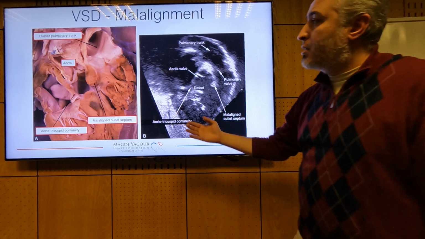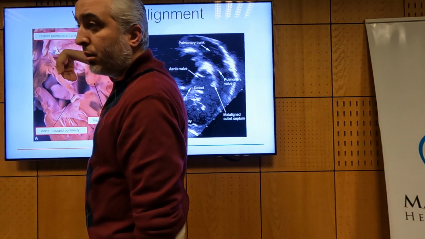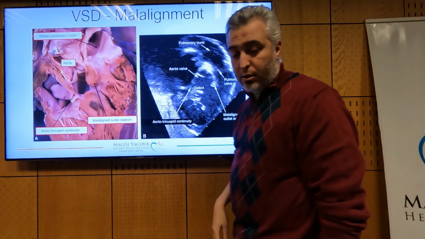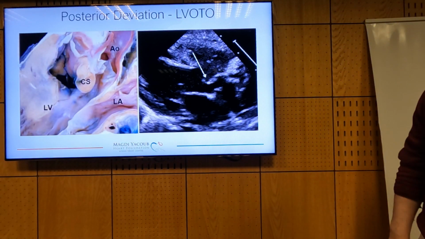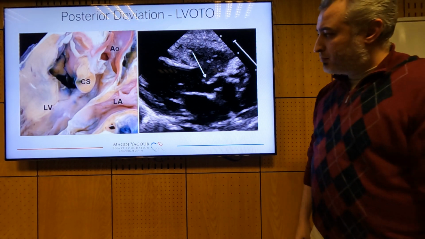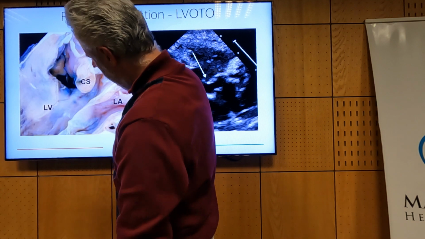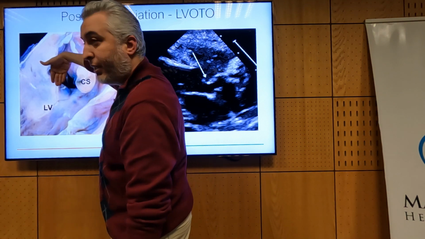And now what if this conal septum has deviated posteriorly towards the left ventricle? So this is a parasternal long axis view. Left atrium, mitral, left ventricle. This is ascending aorta. This is the conal septum, should have been here.